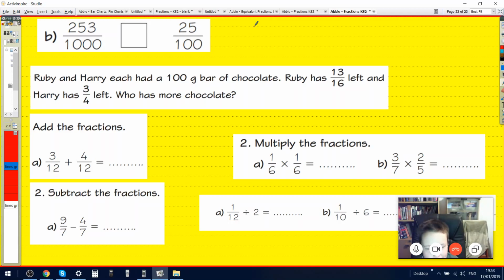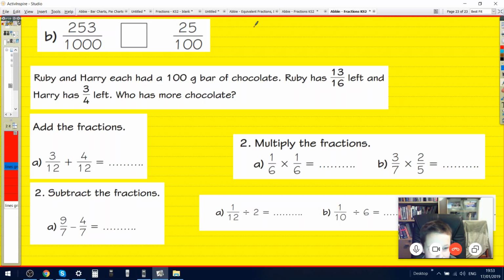You would work out the smallest number that both 1,000 and 100 go into.